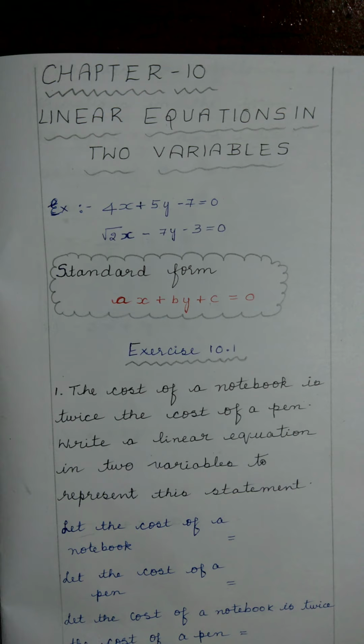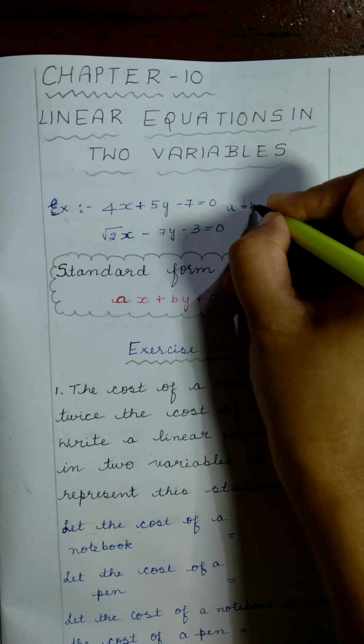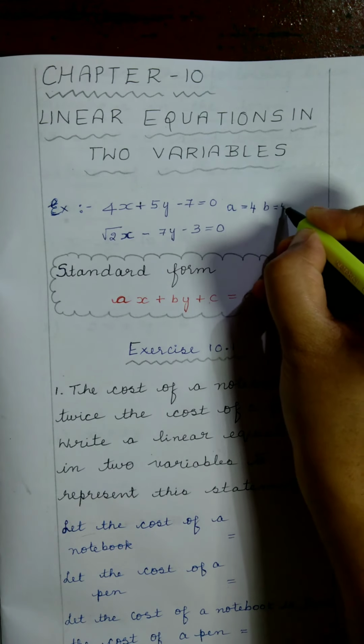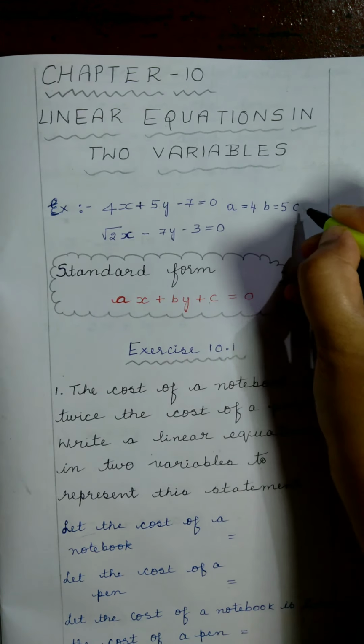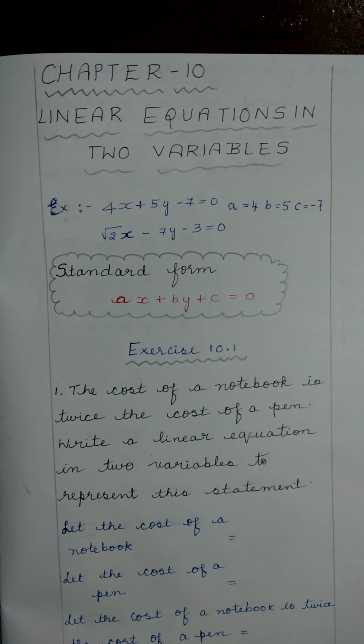So in the first example, you can see we have 4x + 5y - 7 = 0, which is in the form of ax + by + c = 0, where the value of a will be equal to 4, the value of b will be equal to 5 and the value of c will be equal to -7. Consider the second example, in which we have root 2 x - 7y - 3 = 0.